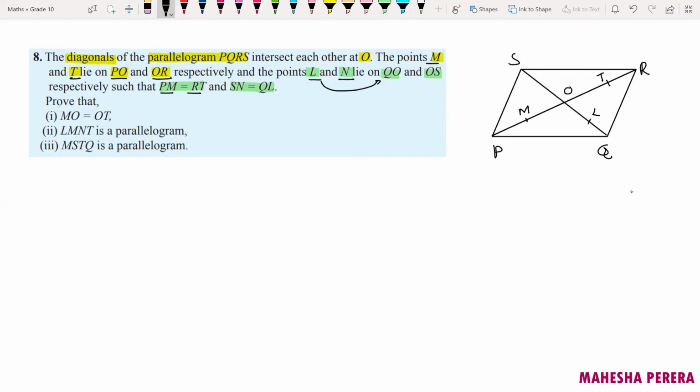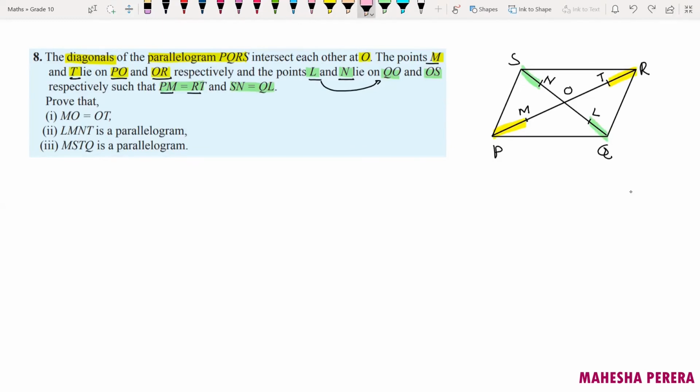This is L, and on the other side, OS, it's N. So notice here, these two lengths are equal, and here also these two lengths are equal.